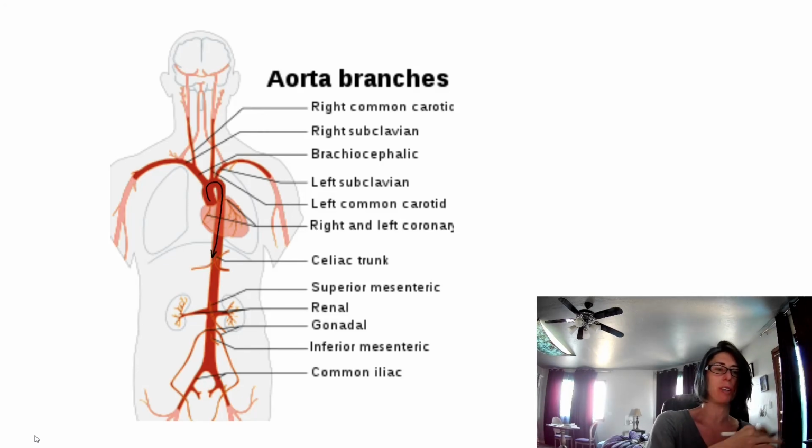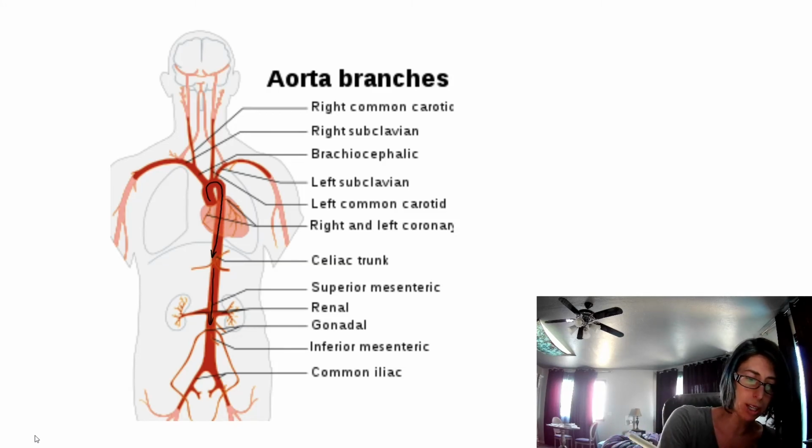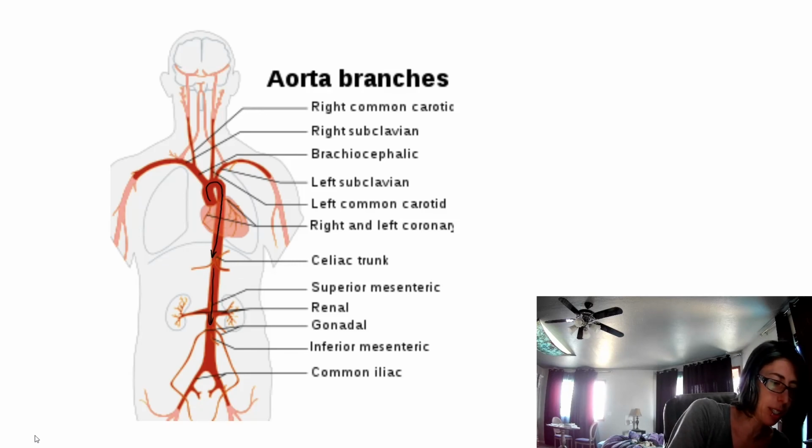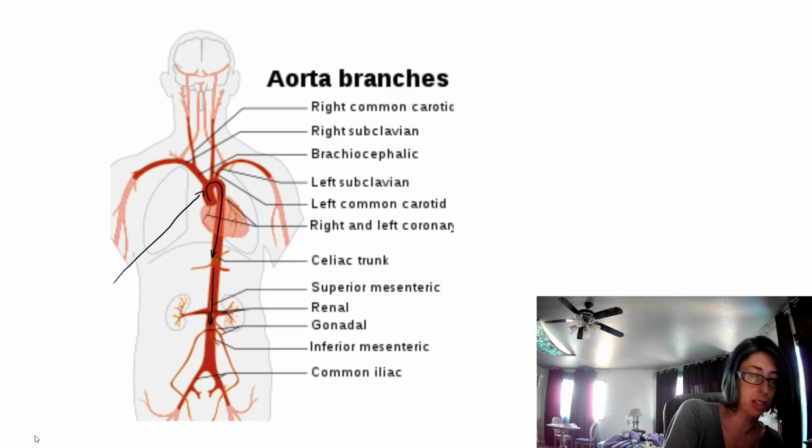And so it's very branching. You can see all these branches taking blood to the head, to the arms, out to all the internal organs. We'll learn names of most of those branches later. But all I need you to know now is the names of the different sections of the aorta.